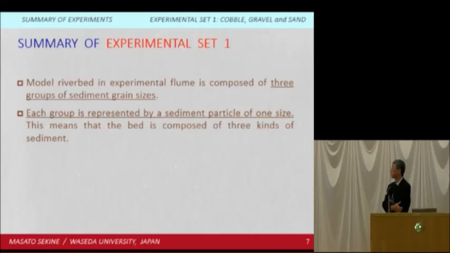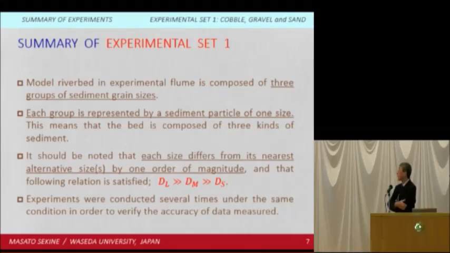Each group is represented by a single particle size. So this means the bed is composed of 3 sizes of sediment. It should be noted that each size differs from its nearest alternative size by 1 order of magnitude.